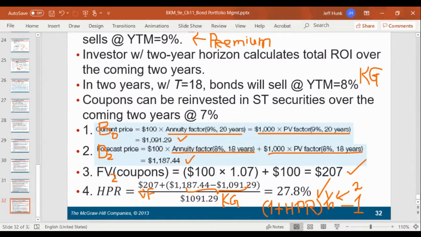And I just wanted to show you, let me, okay, I wonder if I can share this. The financial calculator.